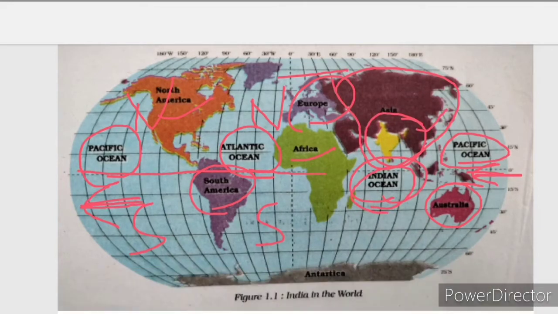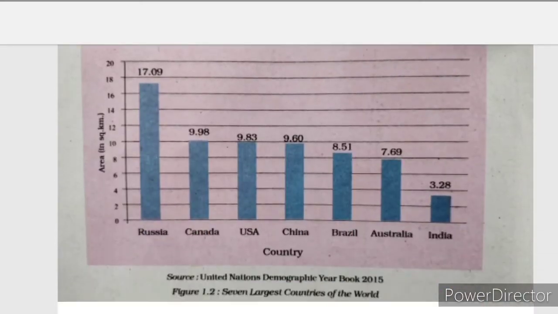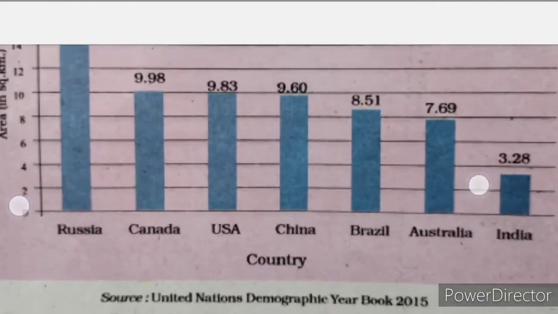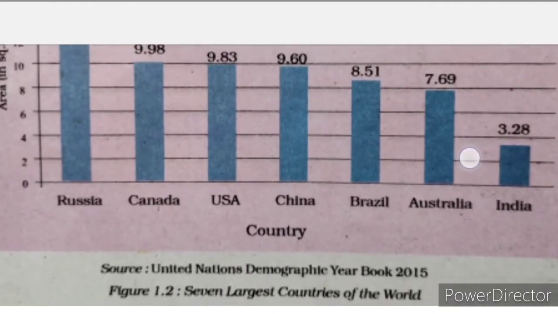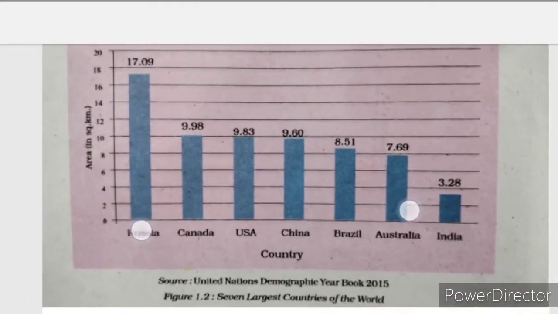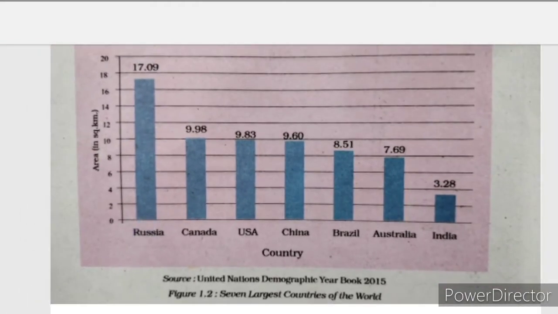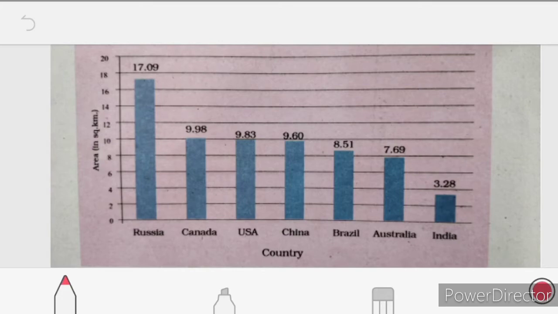Now we see the next map: the 7 largest countries of the world. This is given according to the United Nations Demographic Yearbook 2015. Now we learn about it. This graph shows us the size of the countries from large to small.